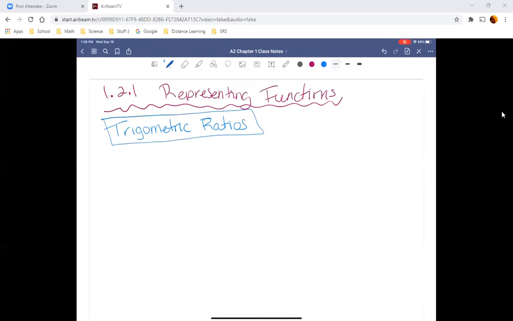So we like to use those trigonometric ratios when we need to find missing angles and or sides of a right triangle.